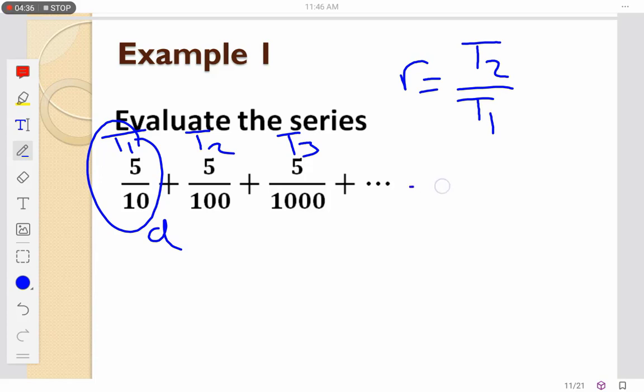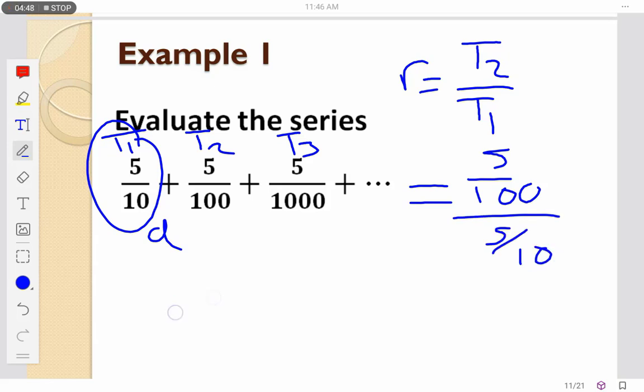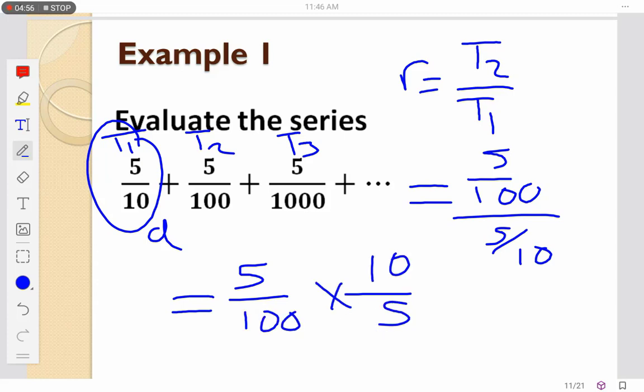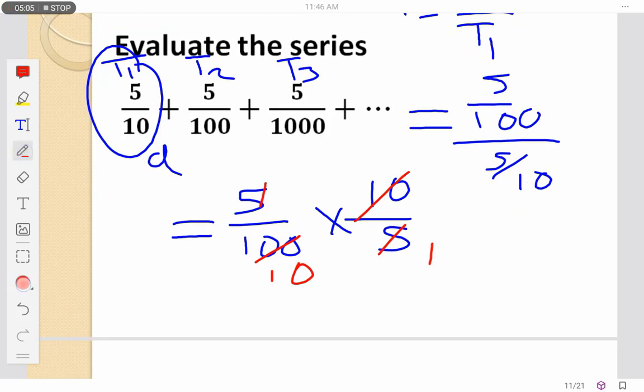So R is 5 over 100 divided by 5 over 10. This becomes 5 over 100 times 10 over 5. I can cancel the 10s and the 5s, and I get my R is equal to 1 over 10.